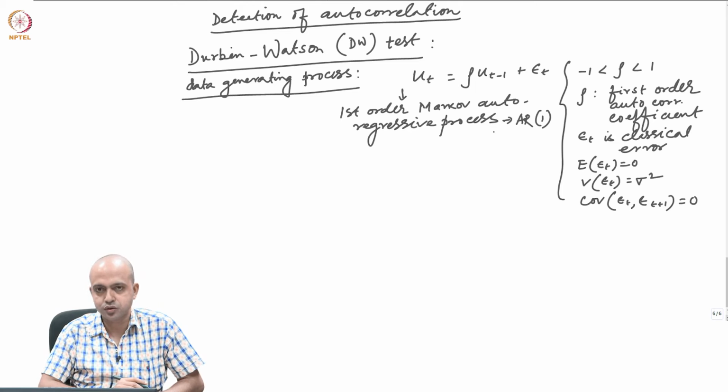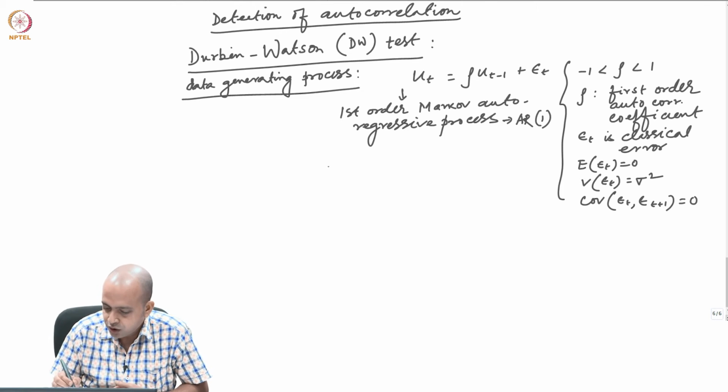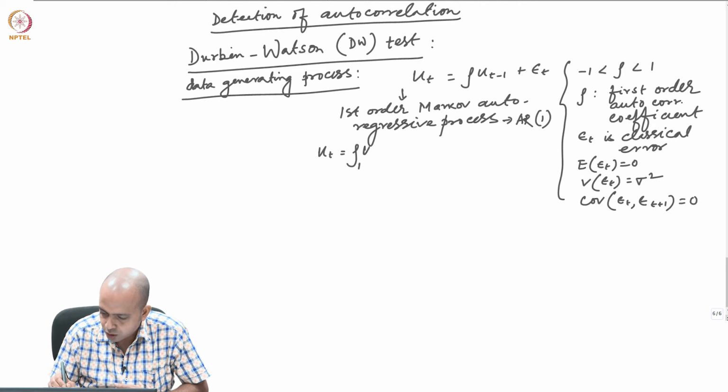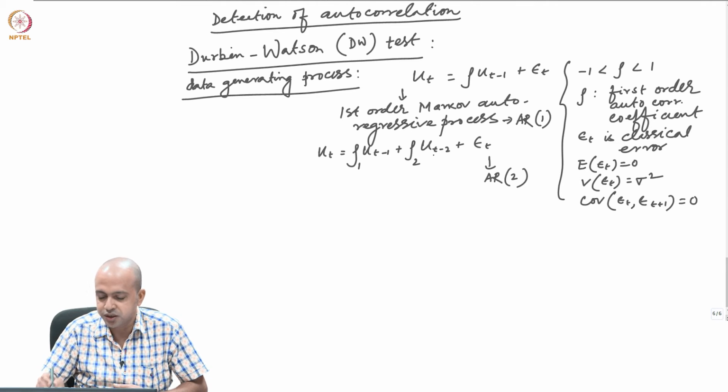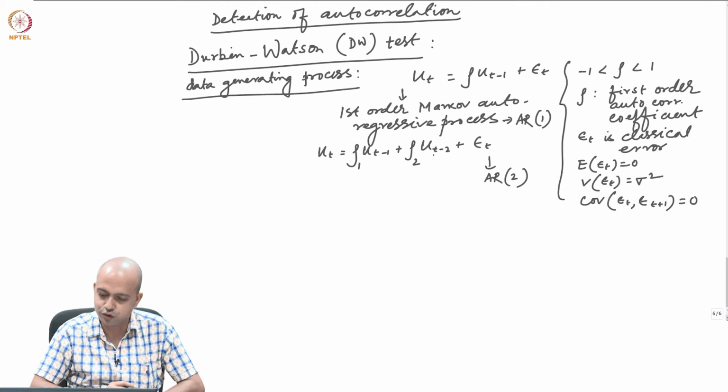AR1 process. So, if we write the equation as ut equals to, let us say, rho 1 ut minus 1 plus rho 2 ut minus 2 plus epsilon t, then this is called AR2 process, because in the equation I have included the second period lag of the error term also.